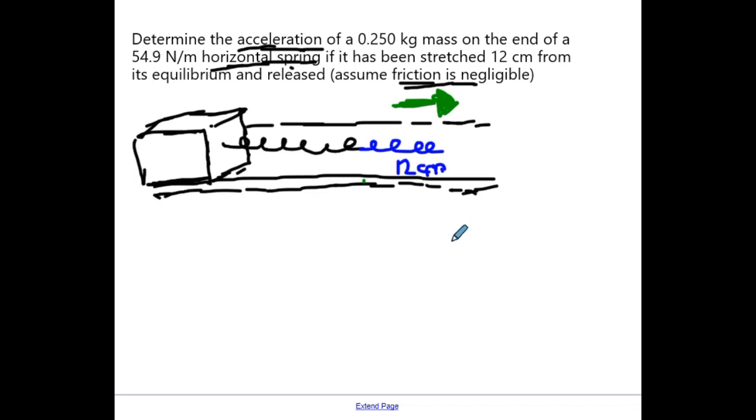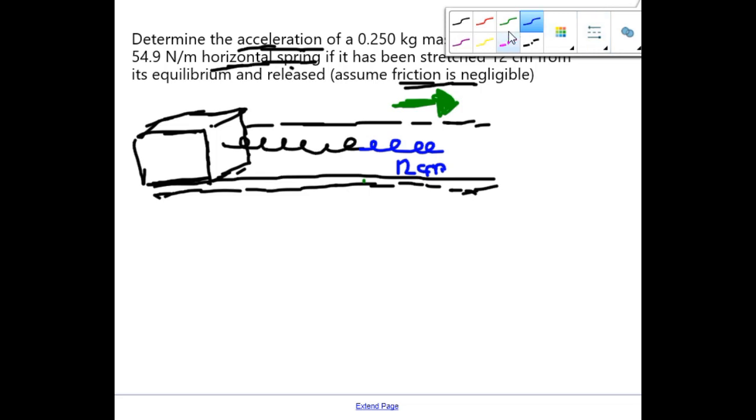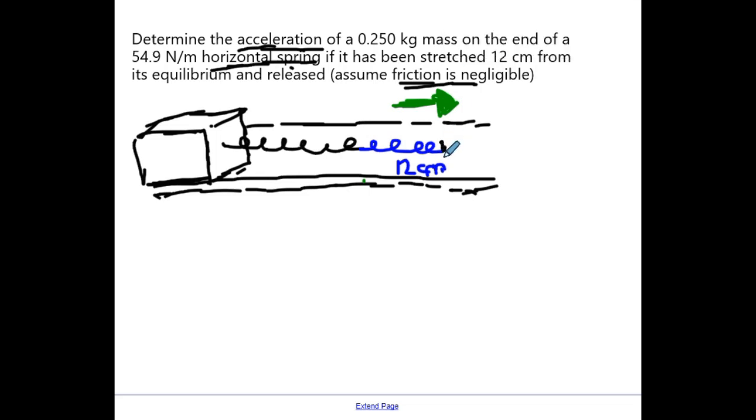So anyways, here's the point here. There was a mass on the end of this, so why don't I draw the mass in black here, just because I want to point out that the blue is the extended section. So we've got a small little mass on the end of this. It is frictionless, we're saying here, which is not how real life would work, but let's assume that. What's going to happen is there is a force that's pulling this outward, but wouldn't there be a restoring force wanting to cause this box to fling back the other way?